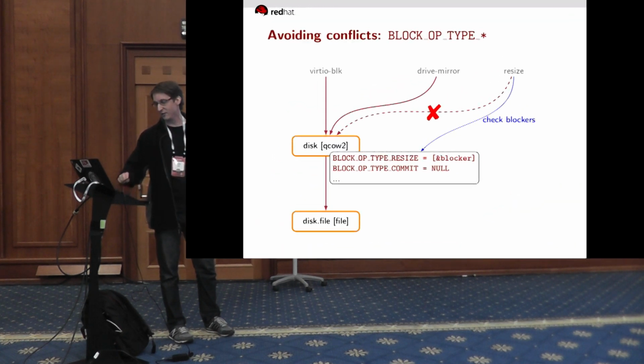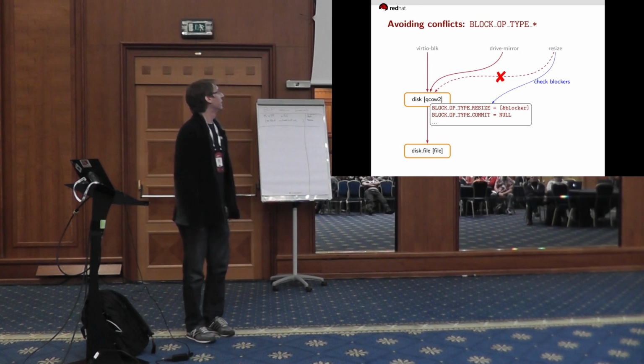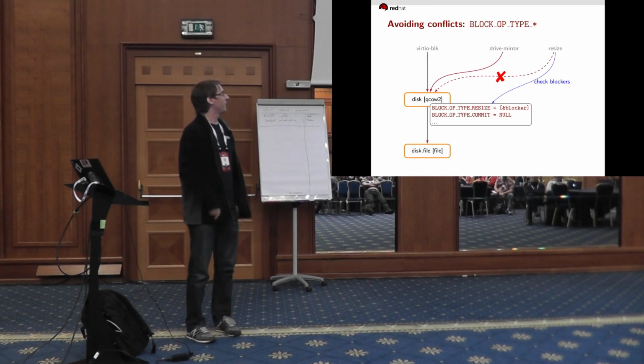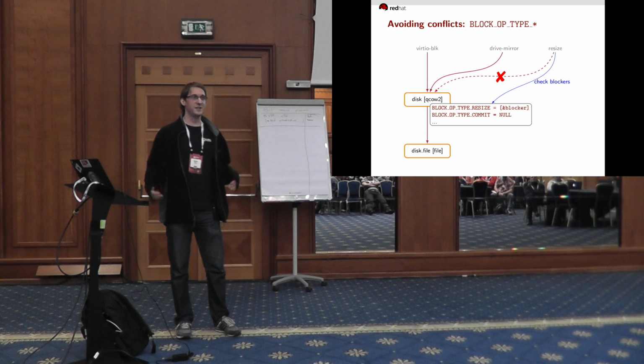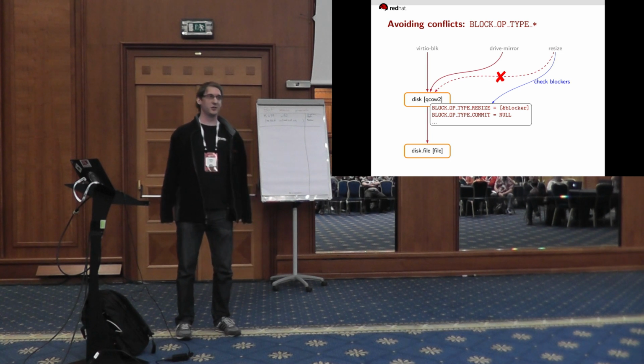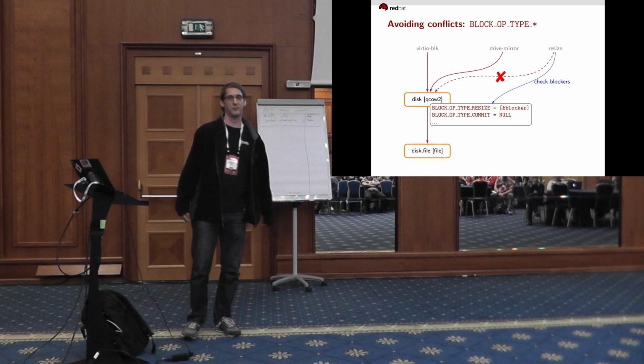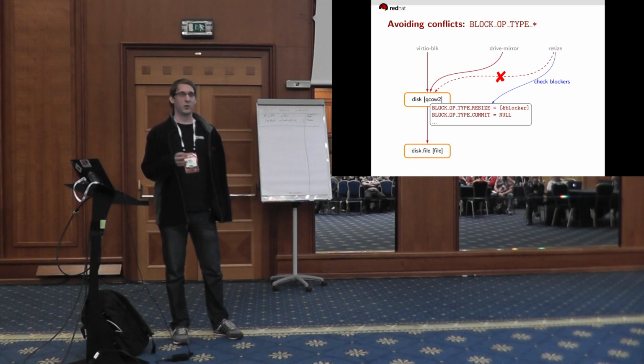So you could still do a commit block job at the same time. So resize would still check whether the resize blocker is set and would fail appropriately. And a different operation could still succeed because it's using a different blocker, because we have blockers for each separate operation.